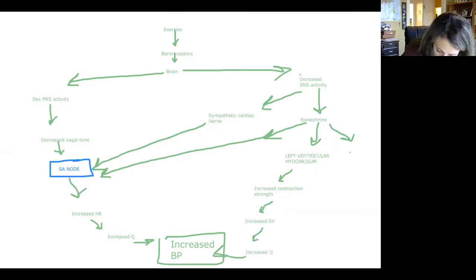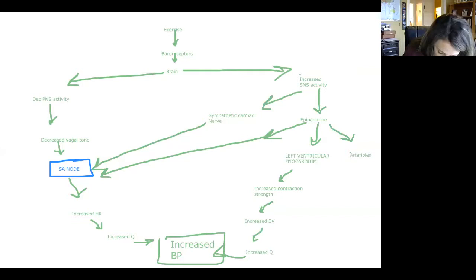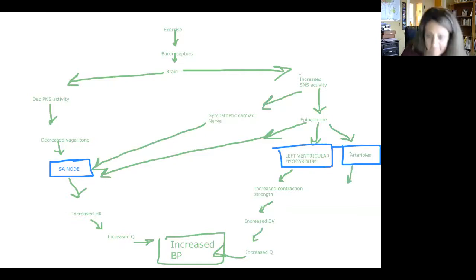Okay, third pathway over here would be, what goes there? Arterioles. Okay, and I need to box these two as effectors. Okay, how do the arterioles respond to the epinephrine? Vasoconstriction. Okay, and what does that cause?